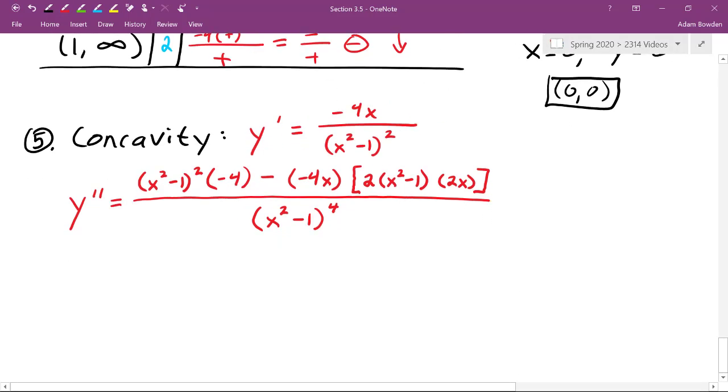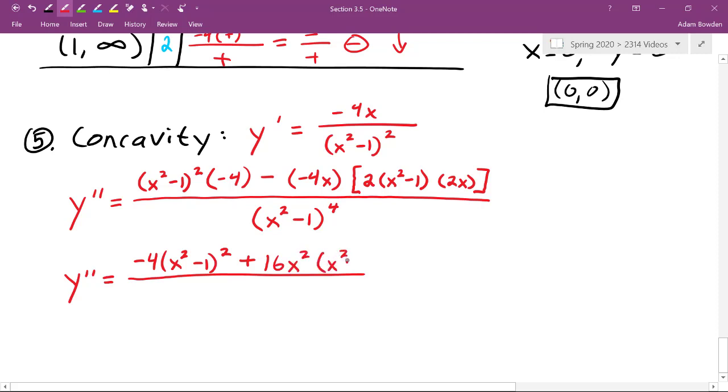Okay, so let's do our best to try to simplify this down and use it to help us figure out the concavity. Let's make this look like -4 times x squared minus 1 squared plus 16x times x squared minus 1.